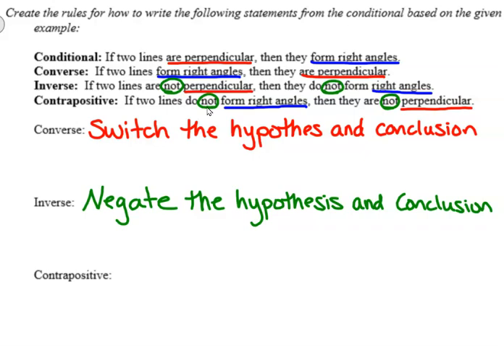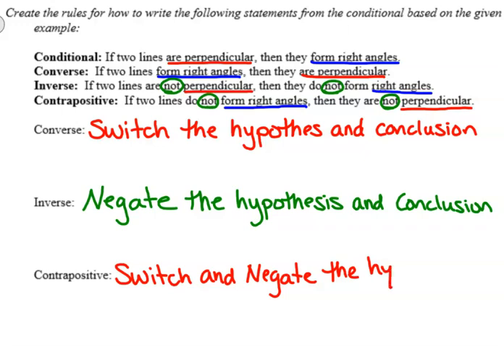So for the contrapositive, it's like we've done both. I'm switching them and I'm putting in the negatives or the nots. So that's exactly what we're going to say. We're going to say switch and negate the hypothesis and conclusion.